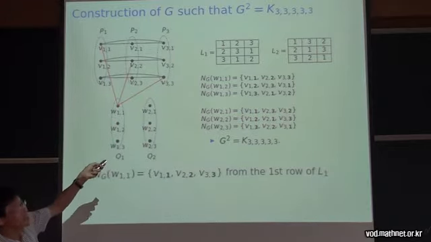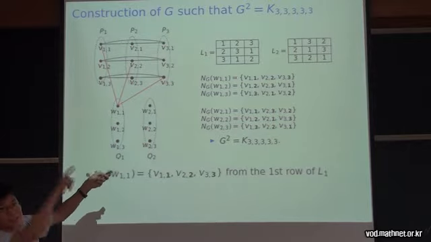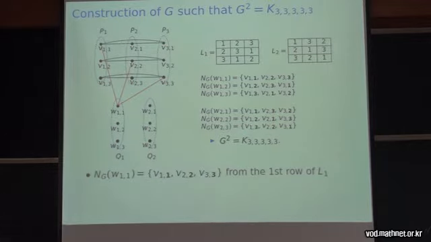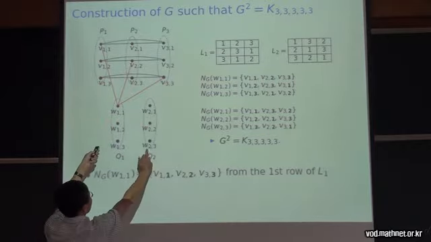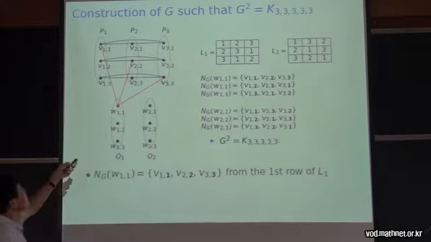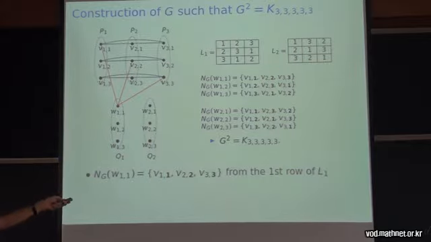The i is the orthogonal Latin square and j is the row. Here, W11 is adjacent to W23. Why? W11 is 1 to 3, and 2, 3 is. So they have a common neighbor, W22, V22.